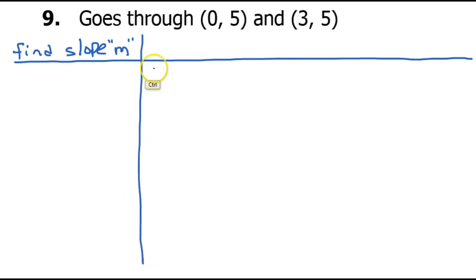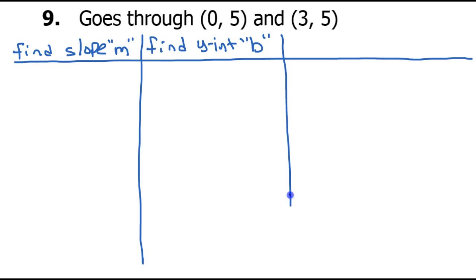All right, so here again, we need to find the equation of the line that goes through these 2 points. And when you're talking about an equation of a line, you need to find the slope, m, you need to find the y-intercept, b, and then you can write the equation.